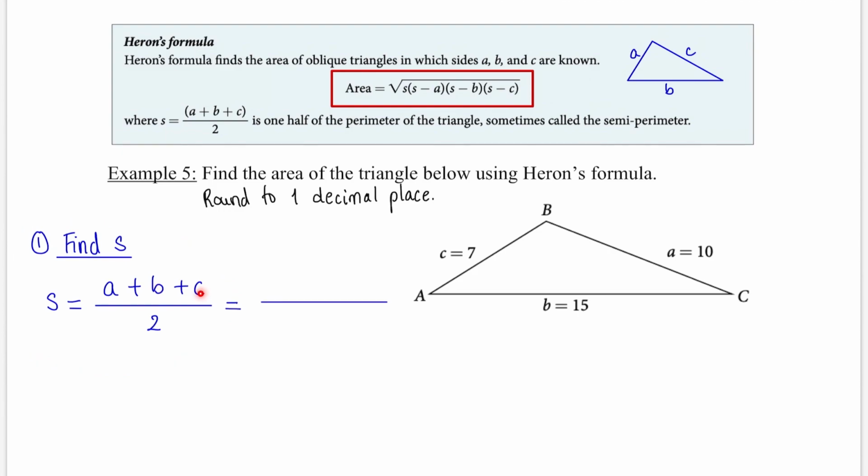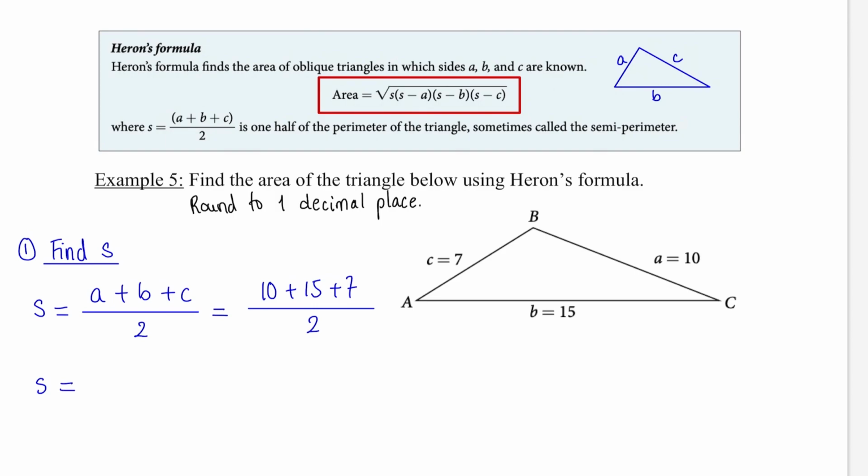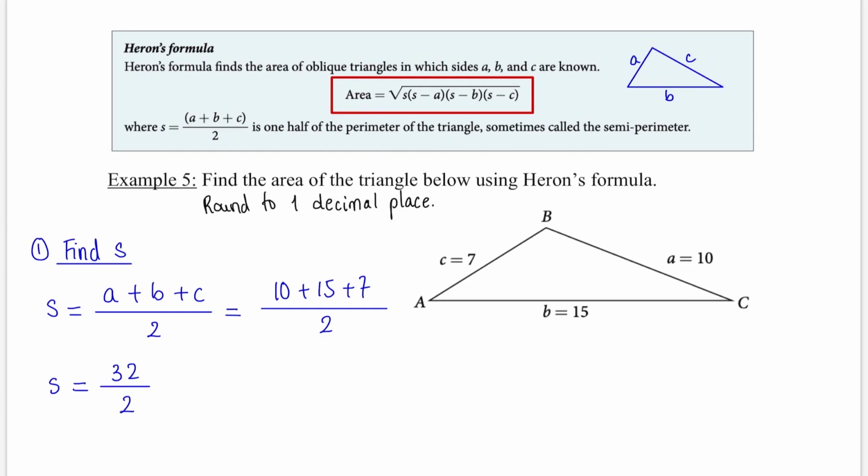A is 10, B is 15, and C is 7, so I'll just plug them in. 10 plus 15 plus 7 is 32. So I have S is 32 divided by 2, which is 16.